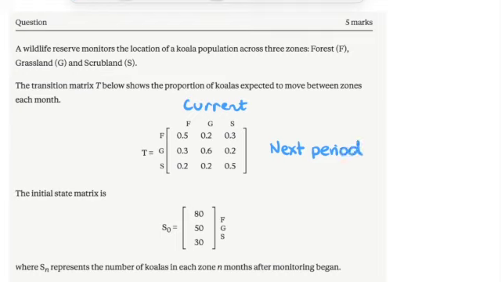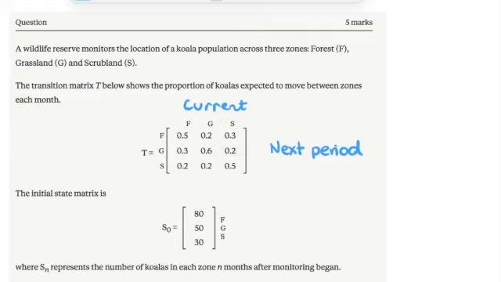What that means is that 30%, 0.3, of koalas are currently in the forest and will move to the grassland, G. So we're going from F to G. Or we could say that 20% of koalas currently in scrubland are moving to G, grassland.